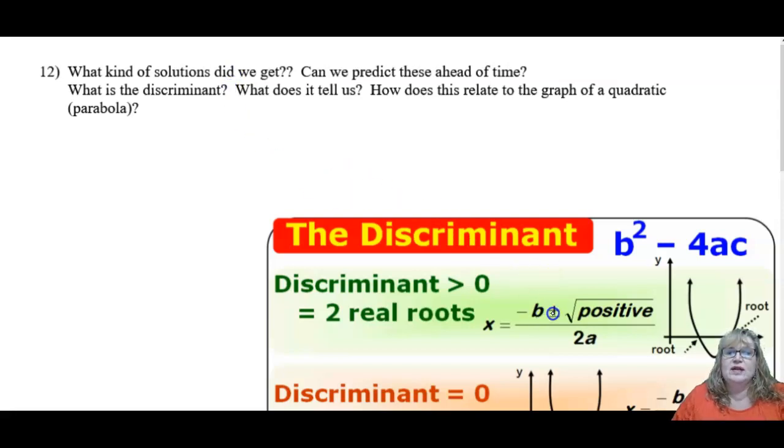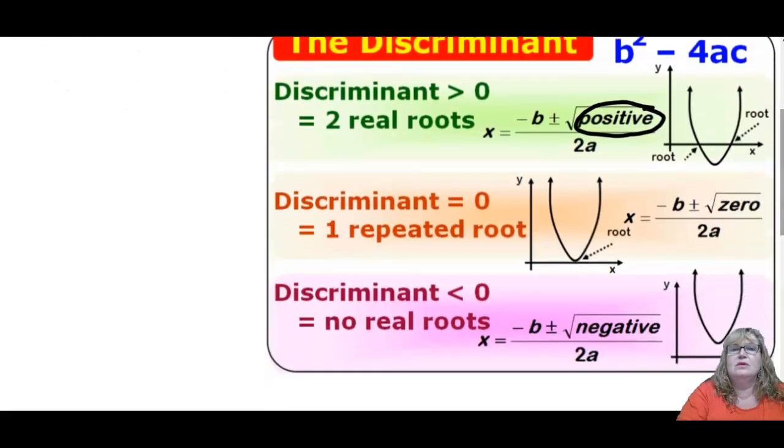So if we do negative b plus or minus a positive number in here, then we ended up with two real solutions. What that means is the parabola crosses the x-axis at two real places. It has two real x-intercepts.